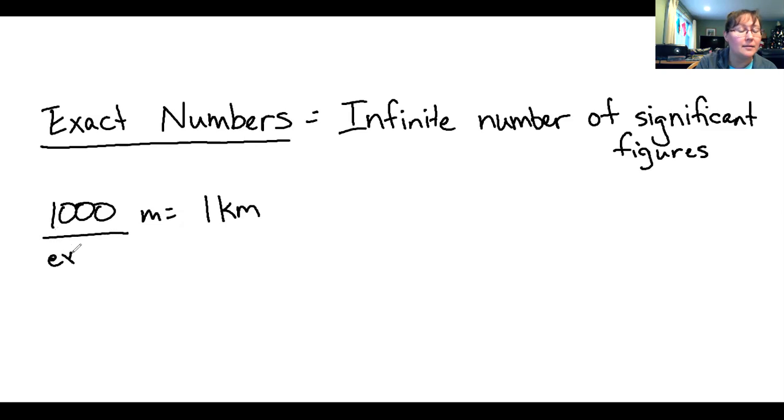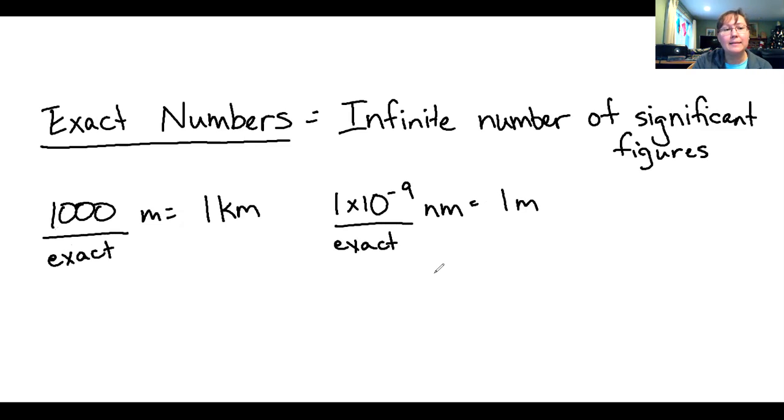This is exact. Let's say that I have 1 times 10 to the negative 9 meters in 1 nanometer. This is exact. Let's say that I have, now this is the only place where the value is exact, 2.54 centimeters per inch. This is also exact. For other values, the numbers are not exact.